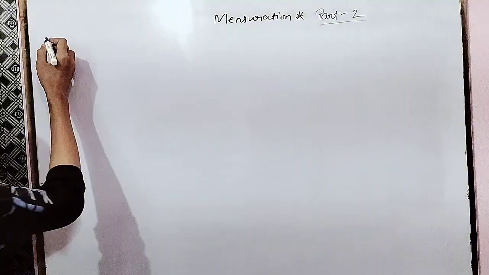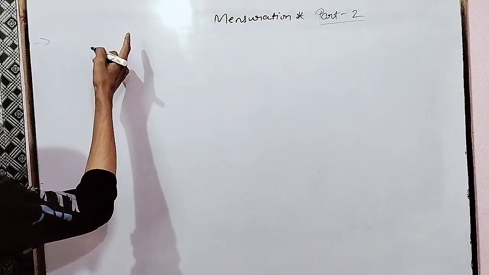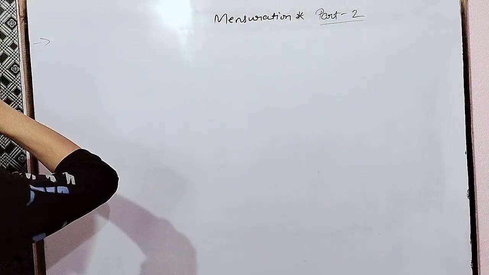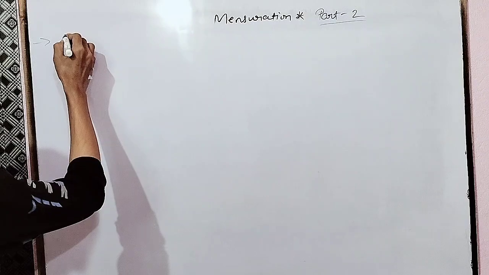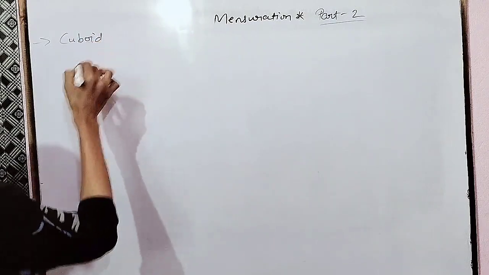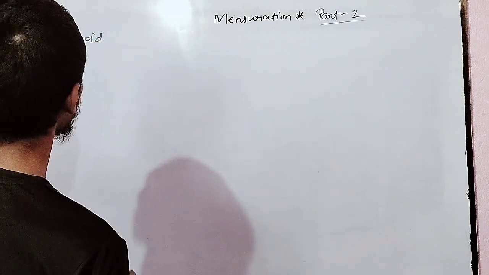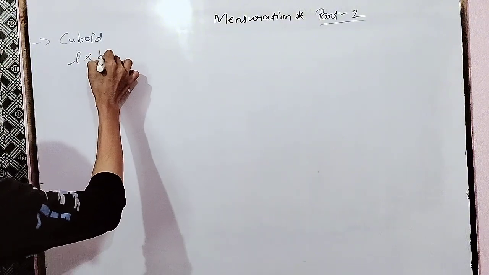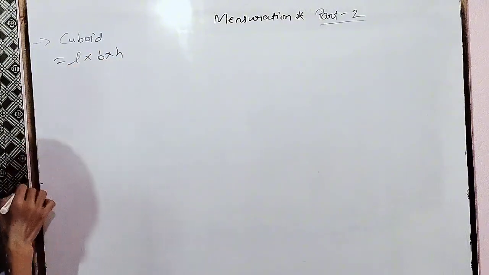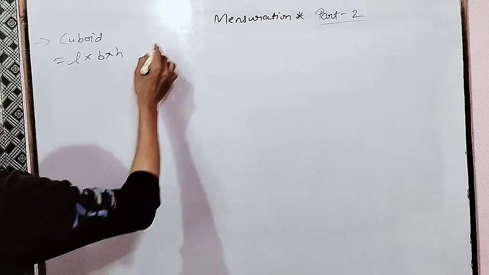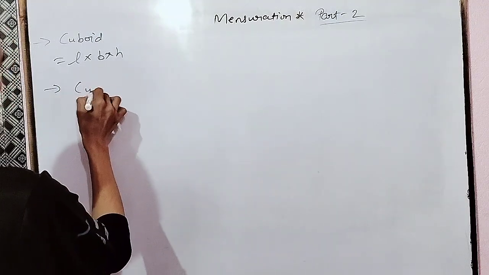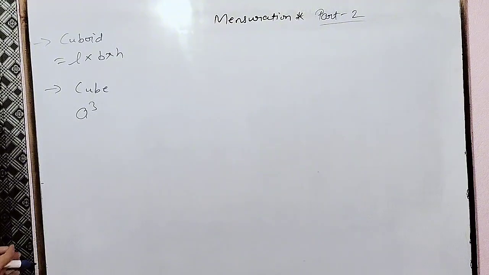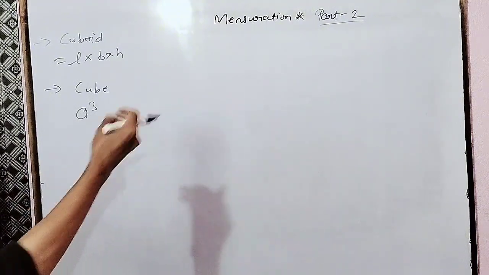Now, first let's start with the cuboid. The formula for the cuboid would be L multiplied by B multiplied by H. That's it. For a cube, a cubed, because the three sides L, B, H are equal to each other.